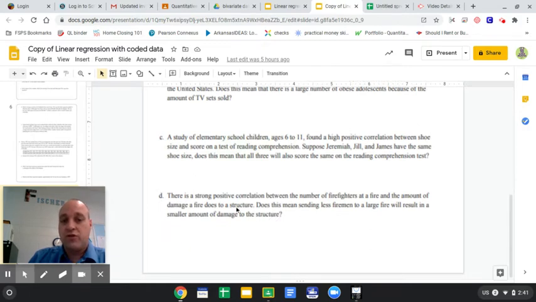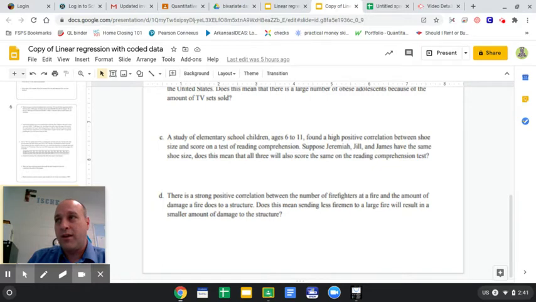Okay. There is a strong positive correlation between the number of firefighters at a fire and the amount of damage a fire does to a structure. So does that mean if there's a small number of firefighters, they may not be able to fight the fire as well? So if you got a large number of firefighters, it causes a large amount of damage to the structure.